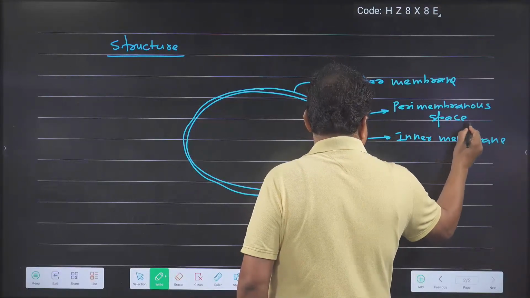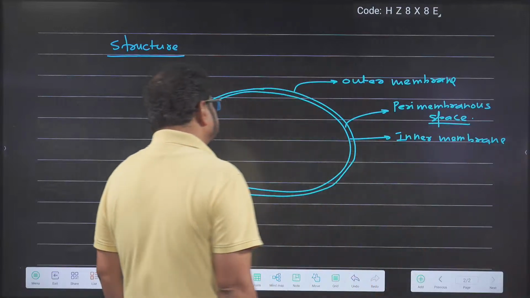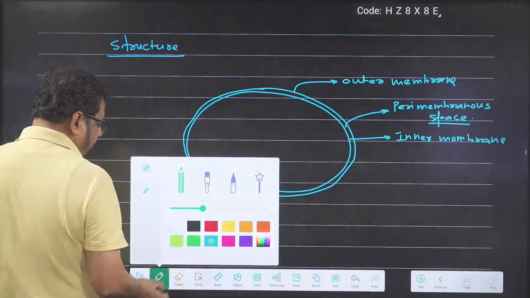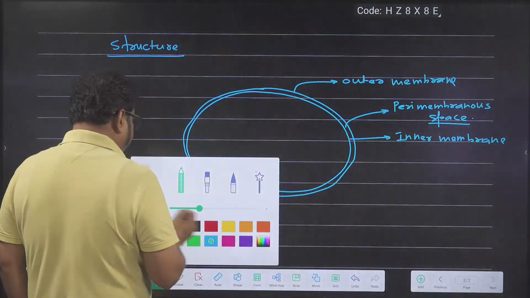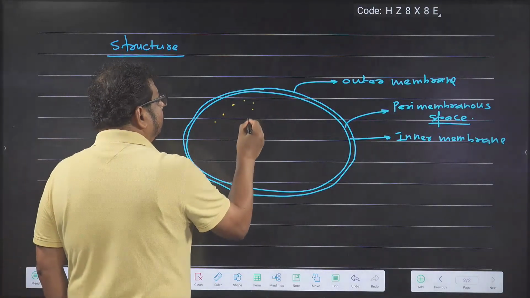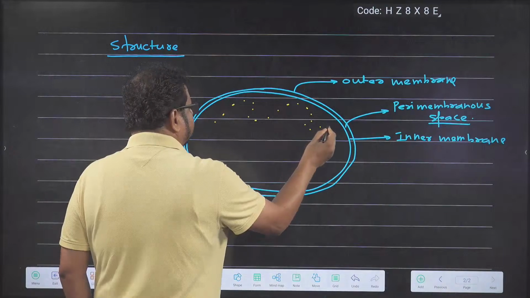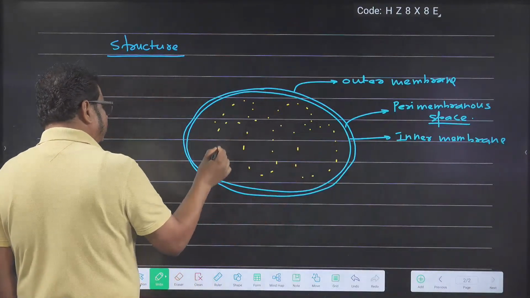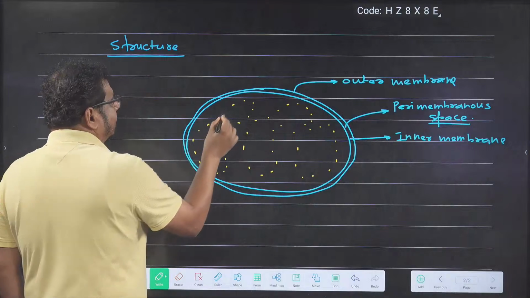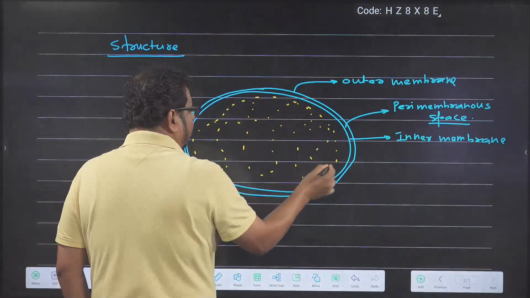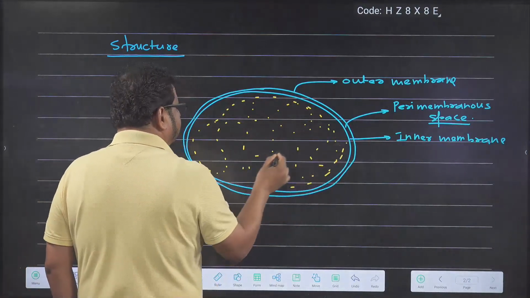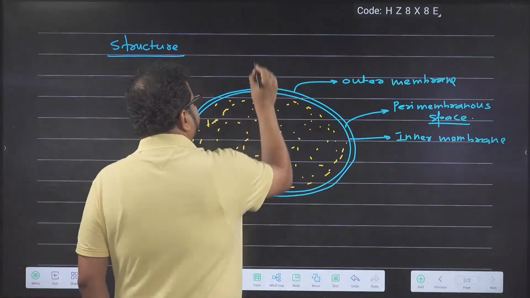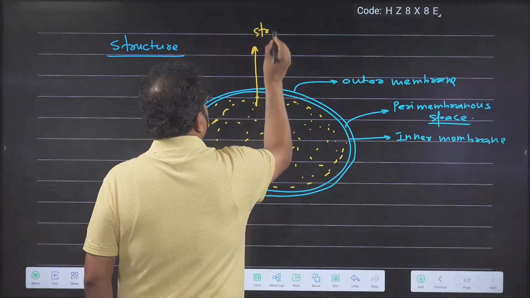Space. Got the idea? So these are bounded by a double membrane structure. Inside the membrane, fluid filled matrix is there. If you go for the structure of a chloroplast, inside the membrane this fluid filled matrix is there, and this fluid filled matrix is called stroma.